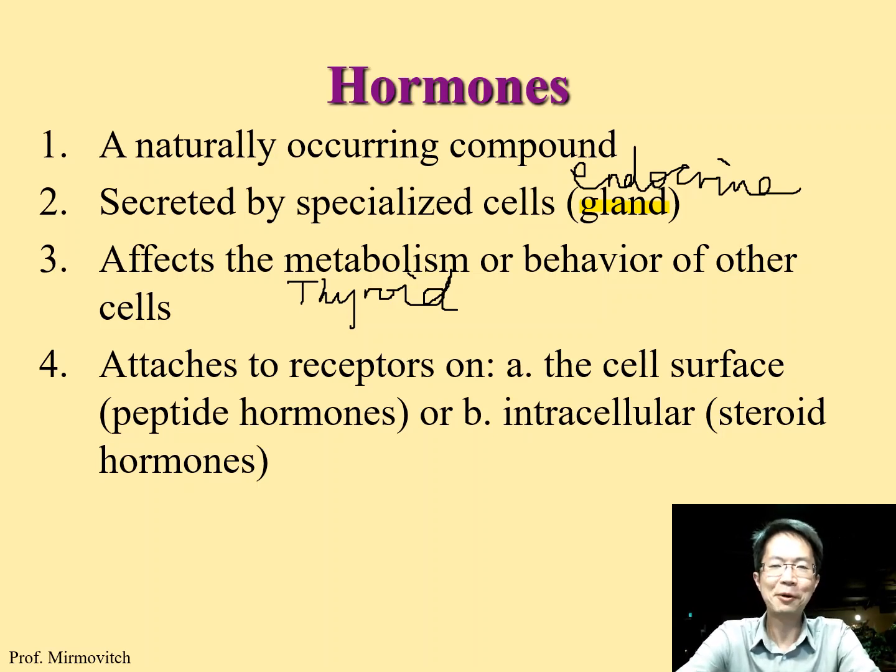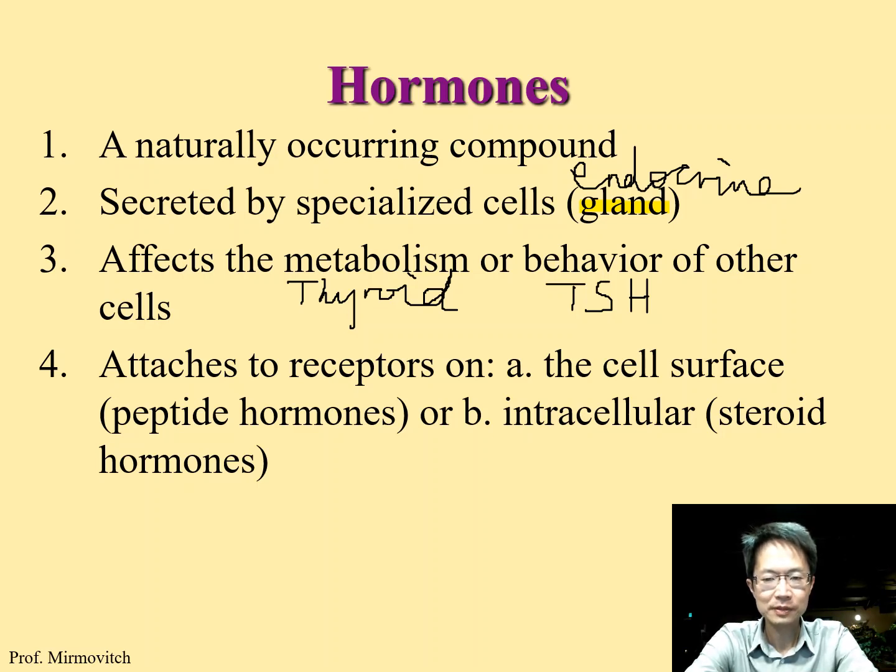So, for example, there's something called TSH, thyroid stimulating hormone. TSH is a hormone secreted by the adrenal gland. Not adrenal, sorry. It is secreted by the pituitary gland, the anterior pituitary gland.